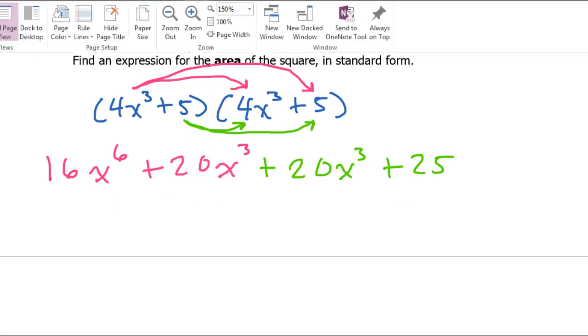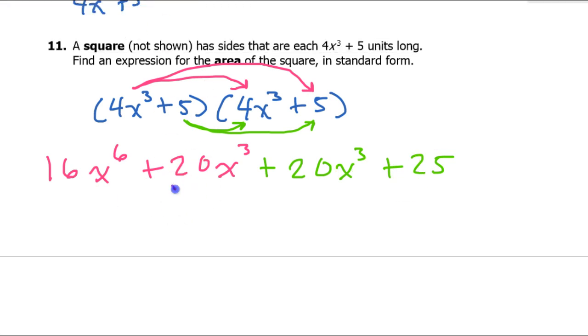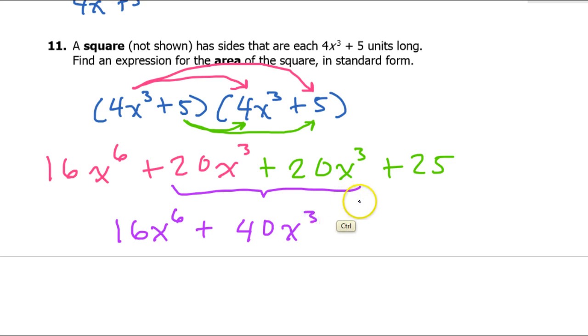Okay, so all I have to do is combine these like terms and bring down the rest. So I'll bring down the 16x to the 6th power. 20 plus 20 is 40, so this is going to be 40x cubed. And then I'm just going to bring down the 25 for the final answer.